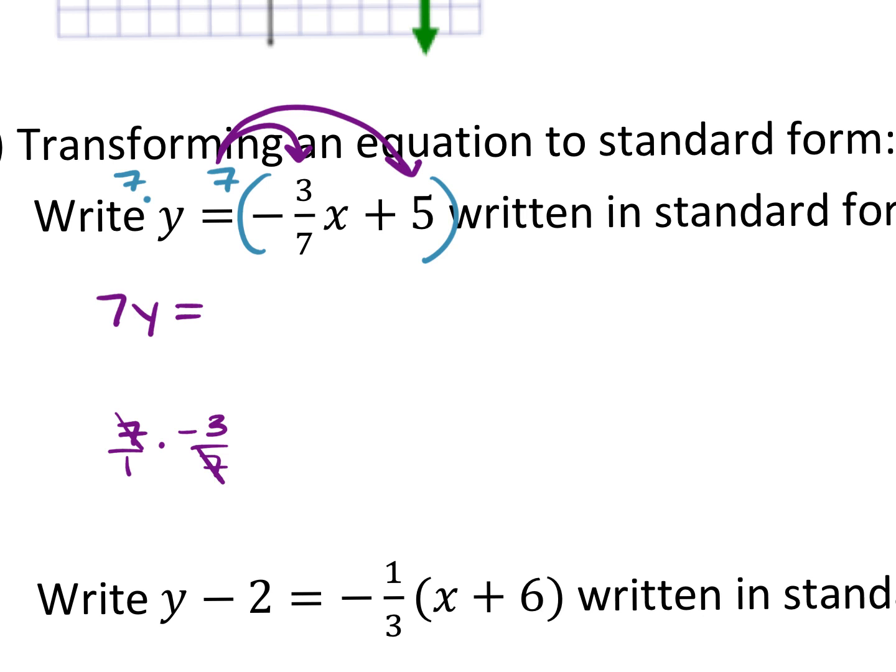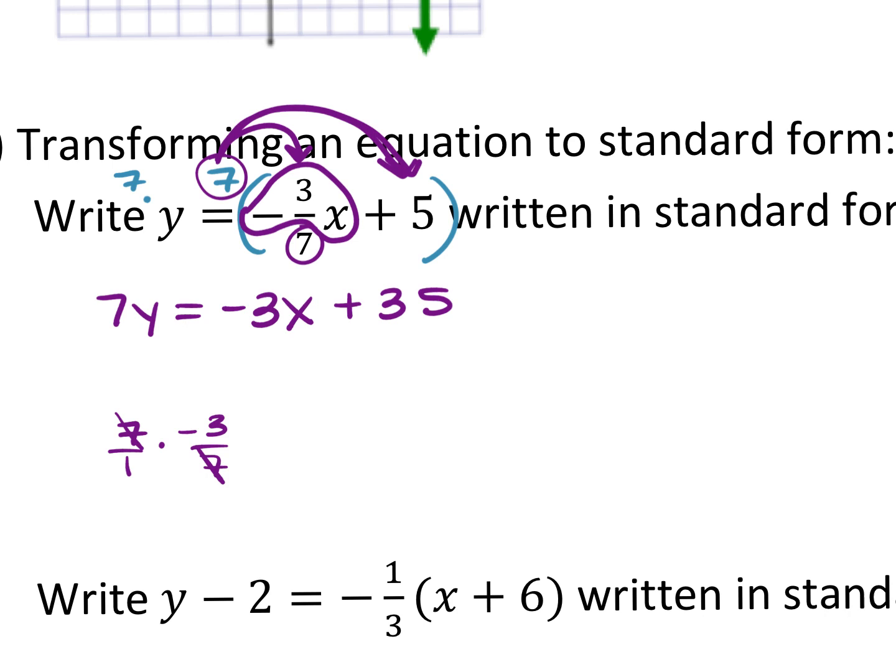So here's the beauty of this. If you're multiplying by the denominator, what you're left with is what you're left with, right? The 7s go away, and you get a -3x, okay? Now, don't forget to distribute that 7 because that 7 now has to be multiplied by the 5 also. So plus 35.